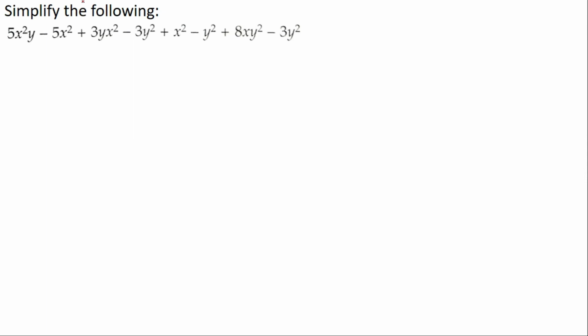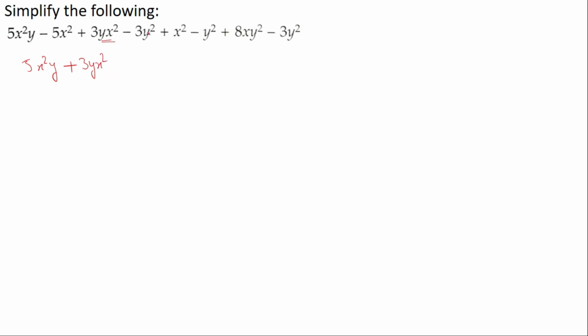Next part is we have to simplify this term, that means we have to solve. We will write all the like terms together. So first we will write 5x square y. We will search for the like term x square y. This one is having x square y, so we will write here 3yx square.